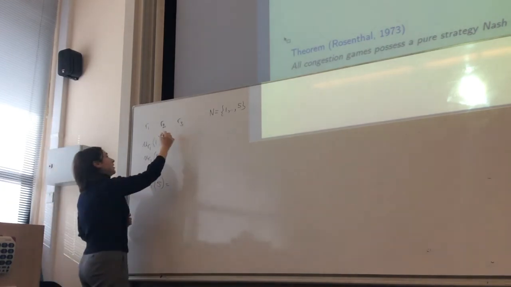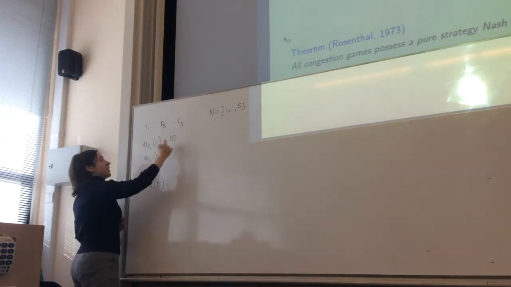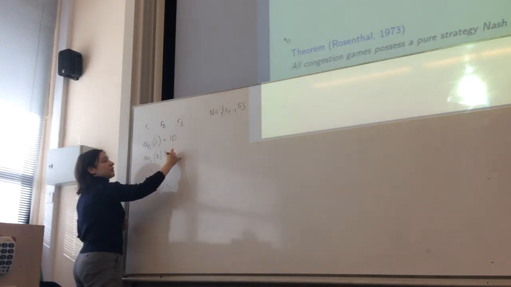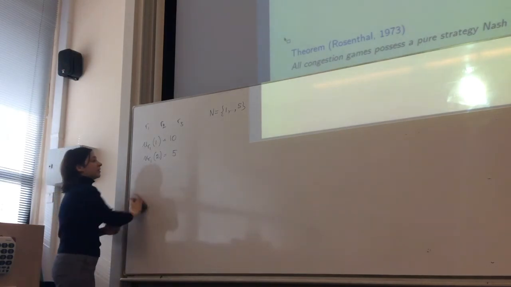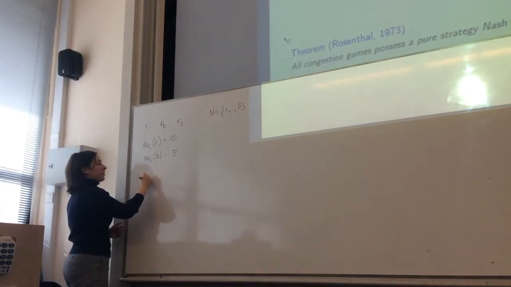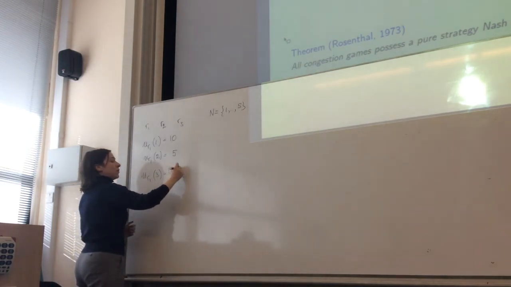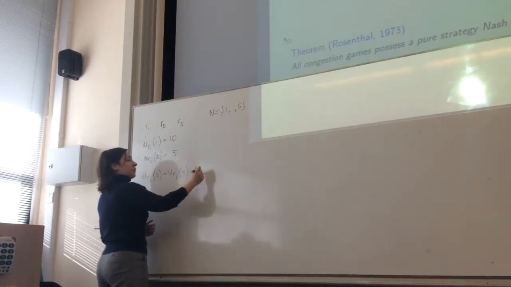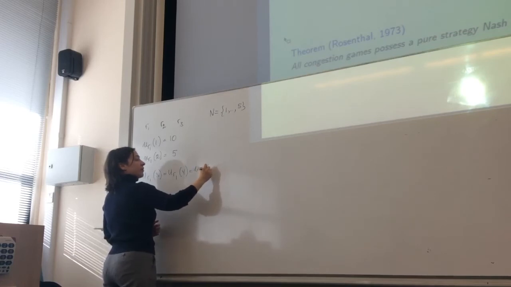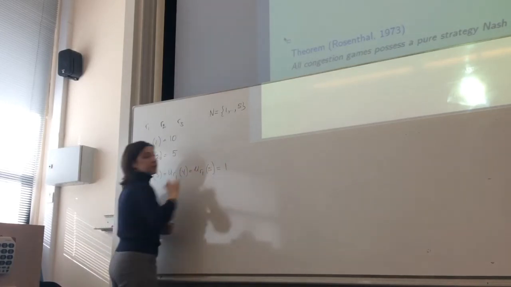Okay, let us do it. I don't know. If I'm alone, then I can enjoy the utility of 10. If there are 2 of us, the utility drops to 5. And if there are 3, 4 or 5, then the utility is just 1.